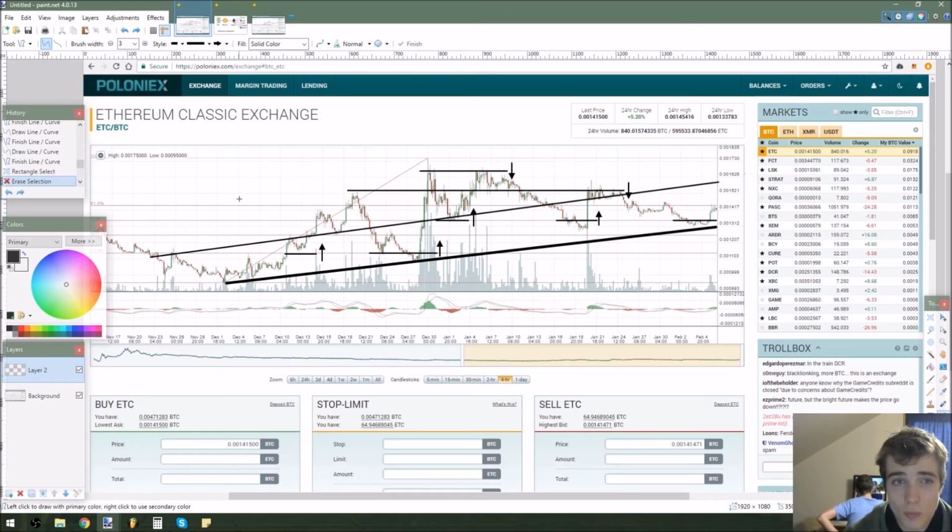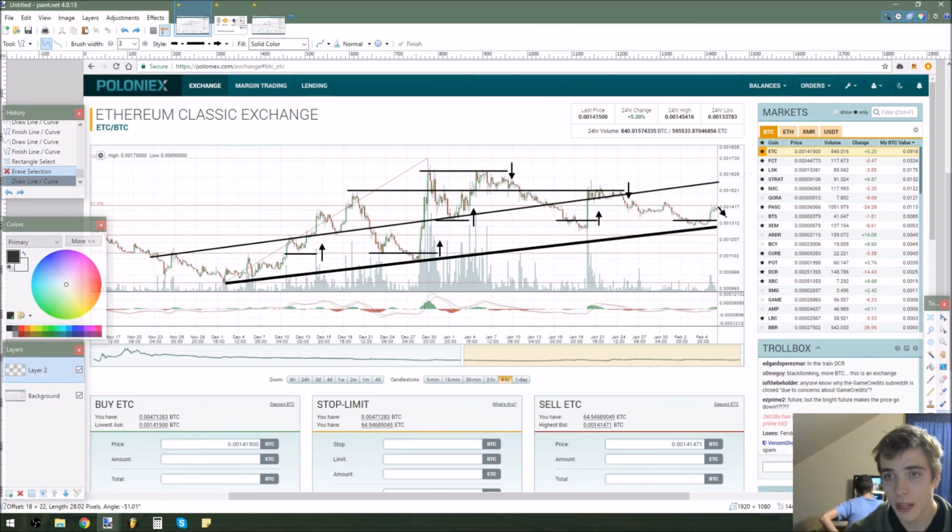Now, what I think is going to happen here in Ethereum Classic short term is probably just a little drop down to this area again and then up like that. But I'm holding long. I'm not day trading this right now, so I'm just thinking that it's going to go up in my mind.